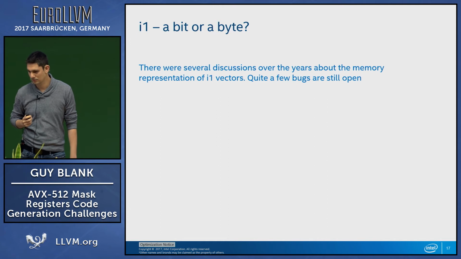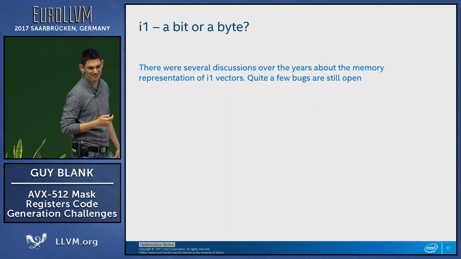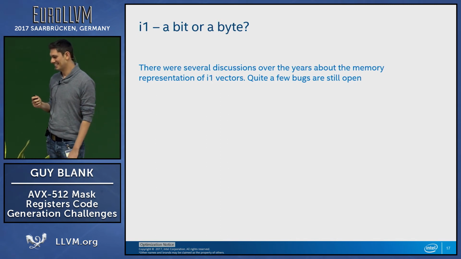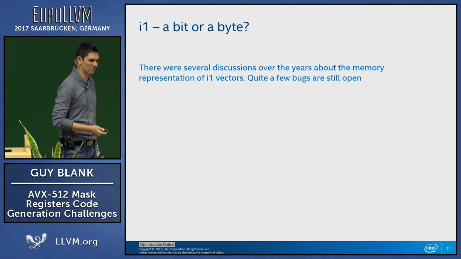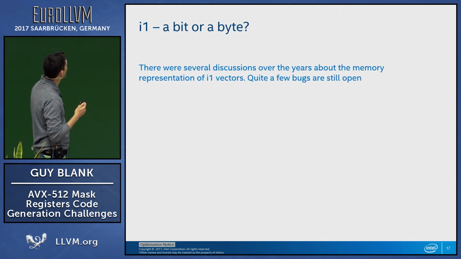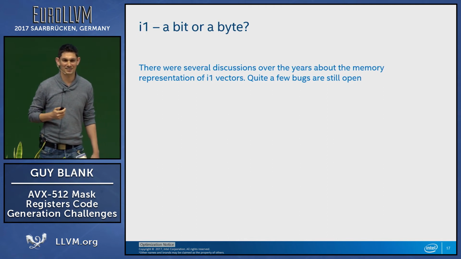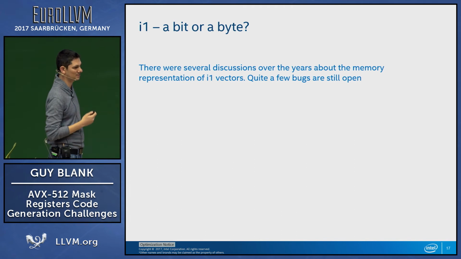There's a Bugzilla from 2007 which has a lot of info there, and there have been a lot of debates and commits and reverts. There are still quite a few bugs open, and probably if you try storing an I1 vector, especially on AVX2, it will break.